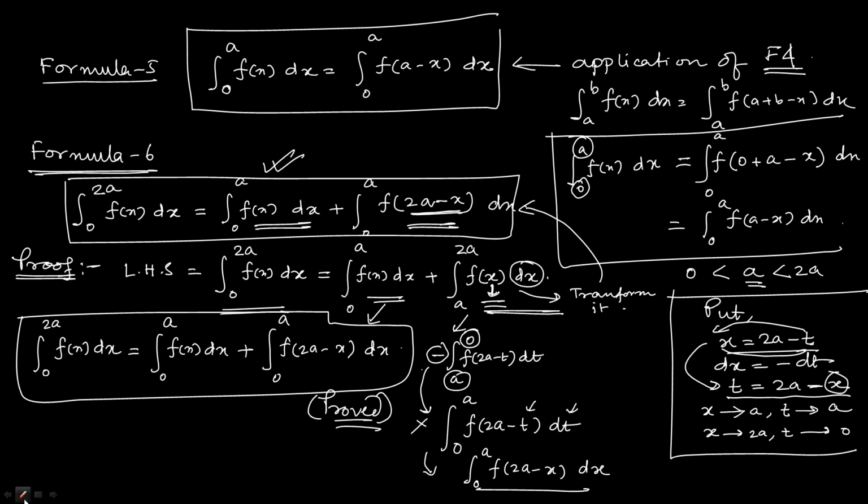Now the formula number 6. Here formula number 7 I think, because the last one was formula number 6. This was formula 6, I am writing it again, whatever we have done.